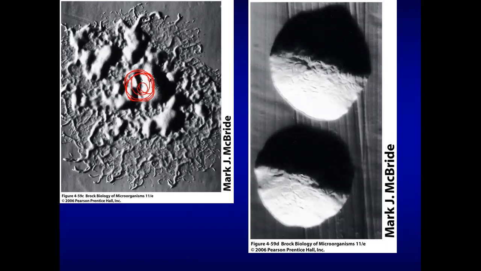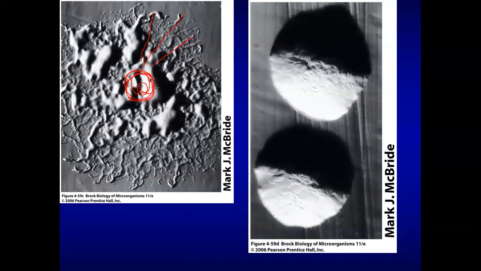You can see long, slender movements coming out. And the ones on the right are 2 colonies that have been made mutants to no longer have the ability to glide. And you can see the colonies stay tight and there's no movement away.